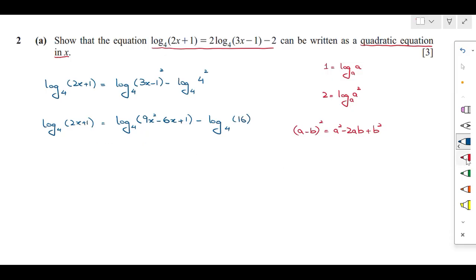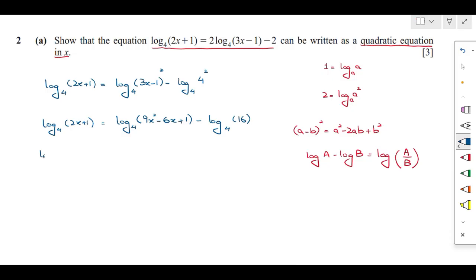Okay, now we apply the log rule, that log a minus log b is log a by b, on the right hand side.